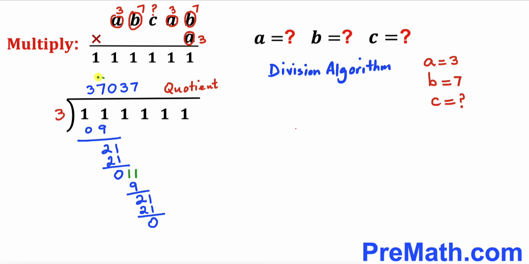So our number turns out to be 37037. This 3 is A, 7 is B, and C has got to be 0. Once again, 3 is A and B is 7, so our C value turns out to be 0.